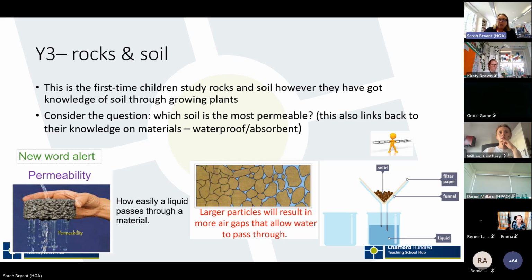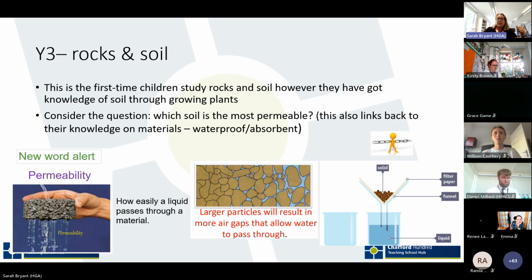Larger particles result in more air gaps and therefore allow water to pass through. Now, if you do this experiment in Year 3, sometimes you get a result that you don't imagine, and that is because of those large air gaps. If you've put clay, and we know that soil in the ground, if it's clay, can get very waterlogged and very muddy and slippery.